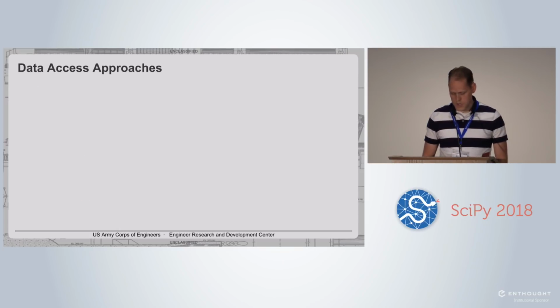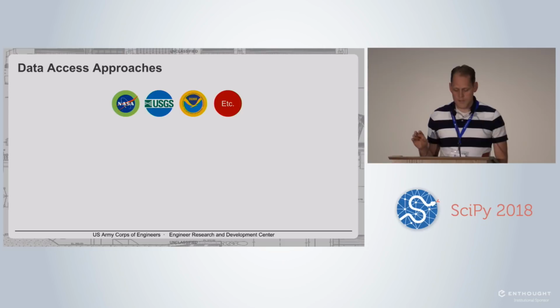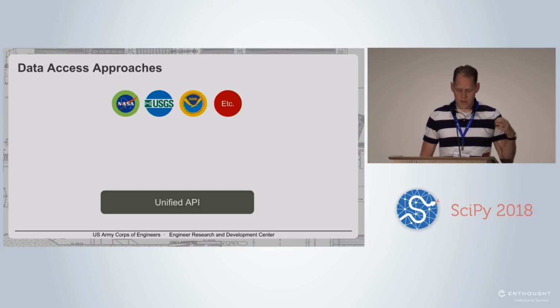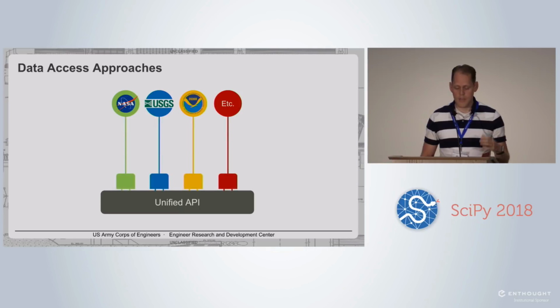So our approach here: we've got a lot of different data sources, and rather than waiting for a standard API or a standard format for all of these disparate data sources, we created an API and then write plugins to connect to all the data sources out there that we're interested in, or are working on creating those plugins.